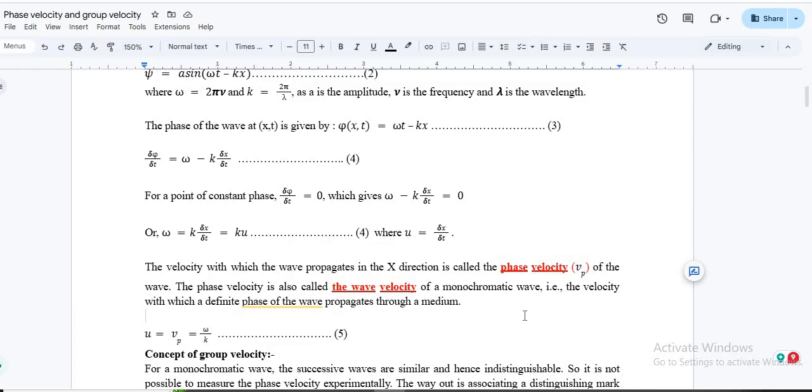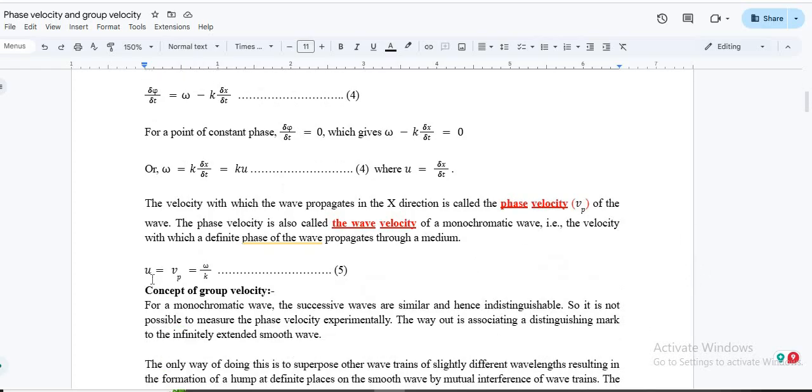You can think about a monochromatic wave moving with a certain velocity. The velocity of that monochromatic wave is considered the phase velocity. Either u or Vp, normally we represent it by Vp, and this is given as ω by k. So, simply written as ω divided by k from this relation. This is the phase velocity of the system.